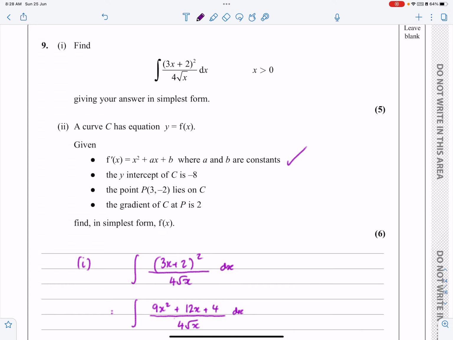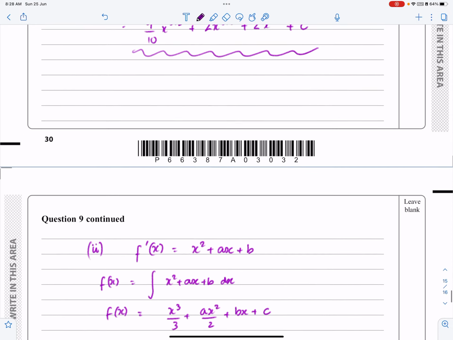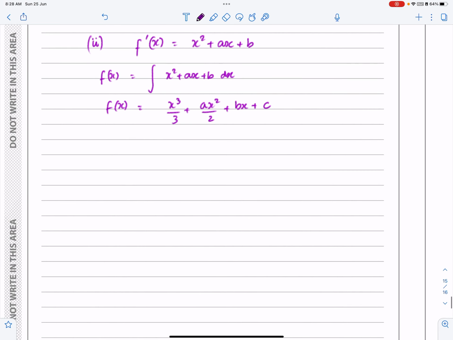Now they're going to tell me that the y-intercept is -8. So if the y-intercept is -8, what we can say is at x equals 0, y equals -8, or in other words, f of 0 equals -8. So f of 0 equals 0 plus 0 plus 0 plus c.